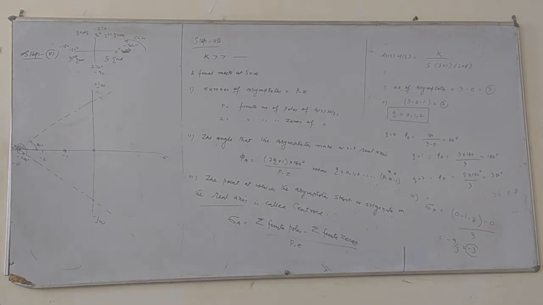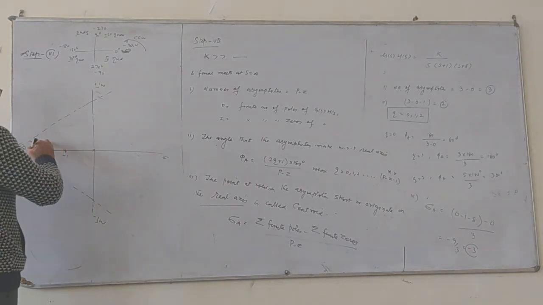Next condition is that we have asymptotes, because we will be approximating the root locus. Suppose the root locus will start from the breakaway points. What is the breakaway point basically? That will be between two consecutive poles, and the locus will move away from the real axis.